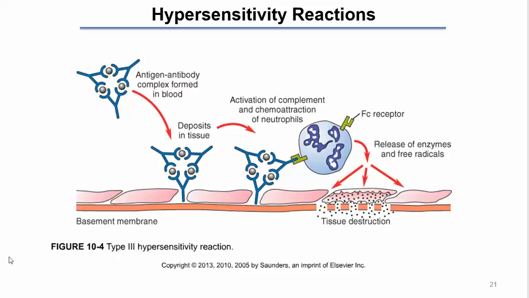So when we look at it, the antigen antibody complex, and it doesn't matter what it is, deposits in the tissue, that causes binding to white blood cells, which release enzymes, free radicals, and cause inflammation that destroys the tissue.